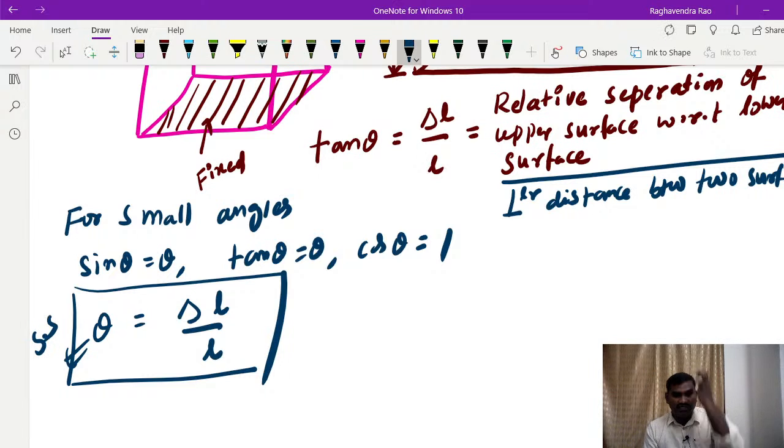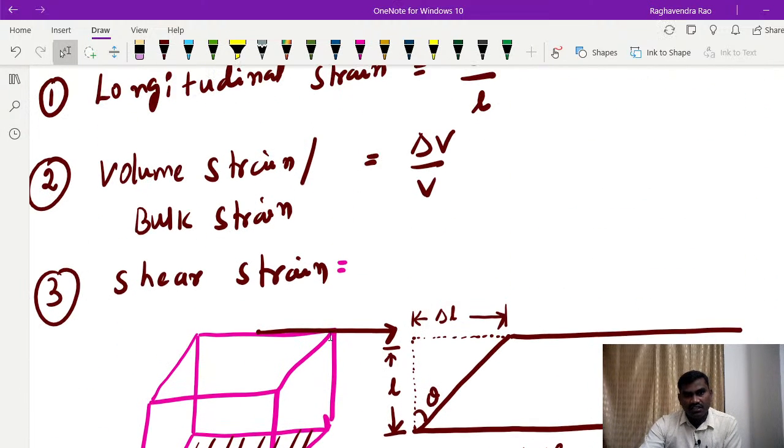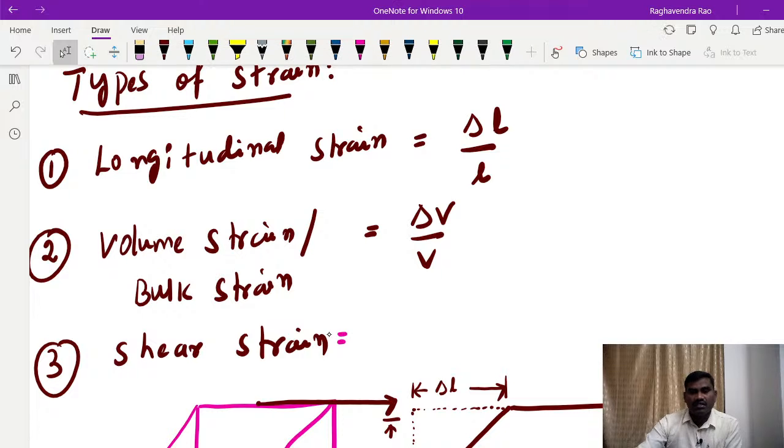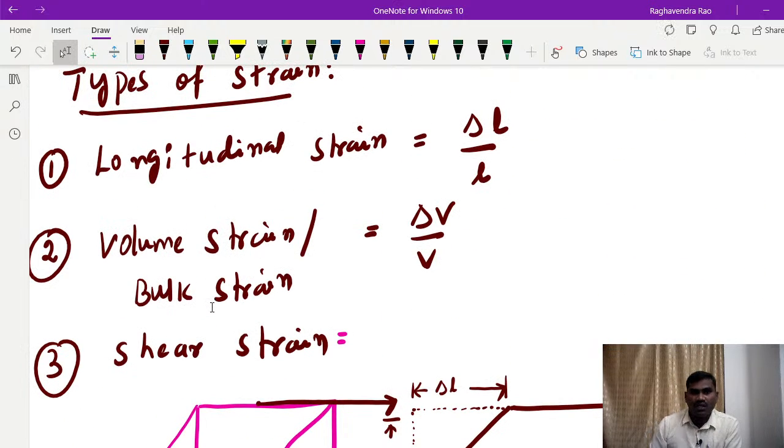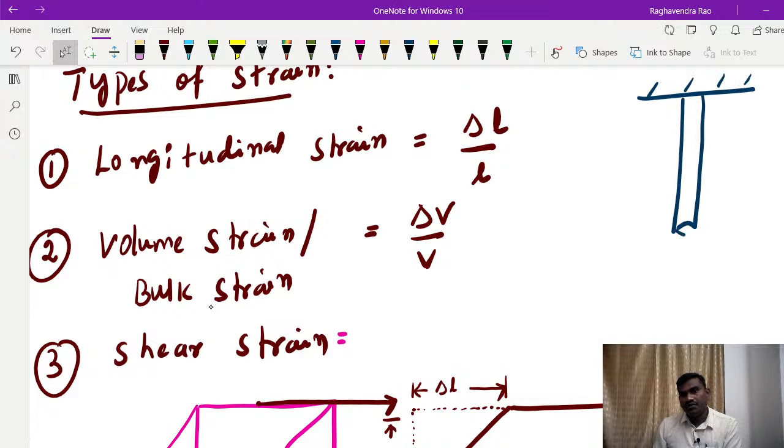This is somewhat different from what we saw, longitudinal strain and shear strain. Both formulas look the same. But what is longitudinal strain? Change in length by original length. For example, you have taken a wire of length L hanging from a rigid support. This is the original length.